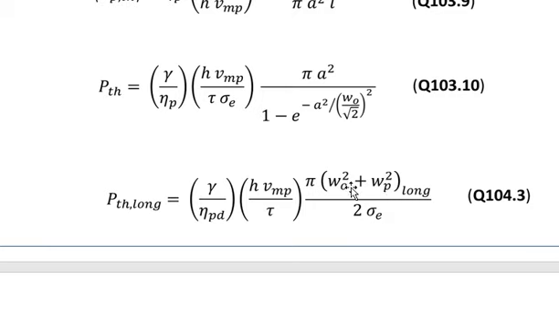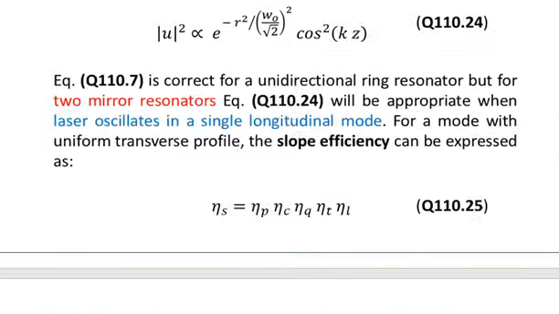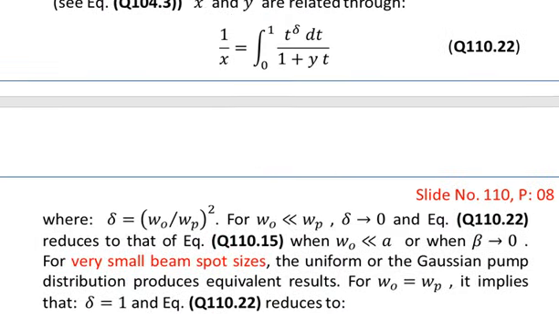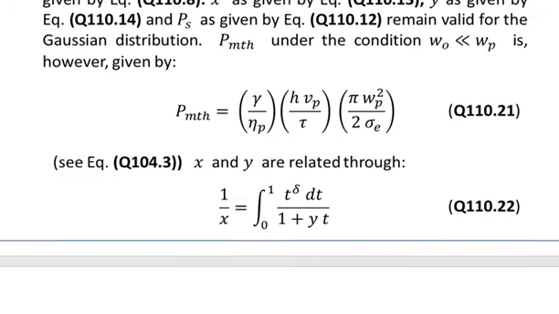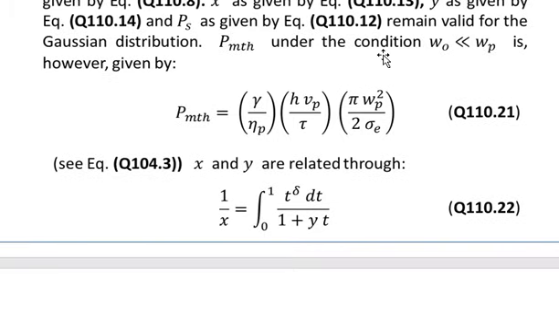So here you can make an approximation under the condition that W naught is much less than W_P. If you apply this to the formula that I have just shown you in the appendix, you will obtain this formula. So this is the minimum threshold power obtained from the pump.